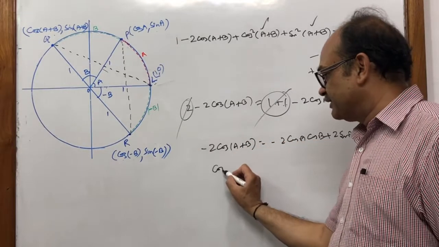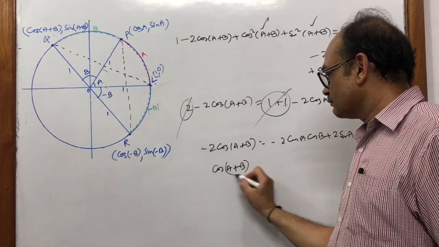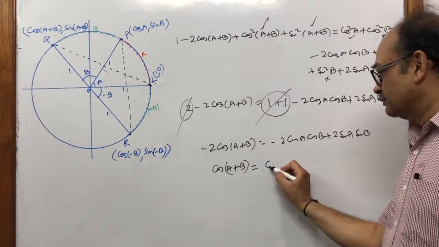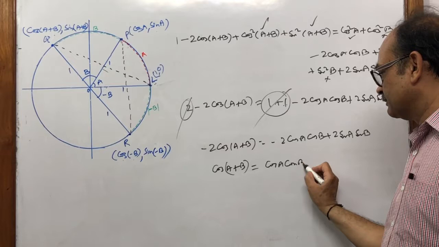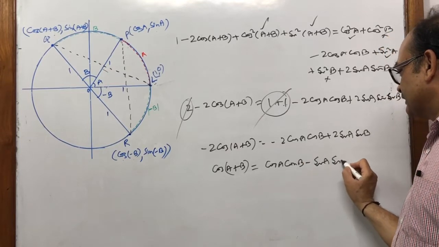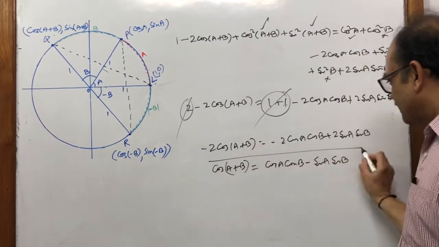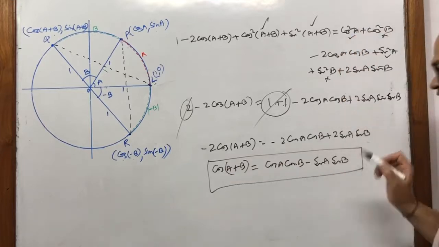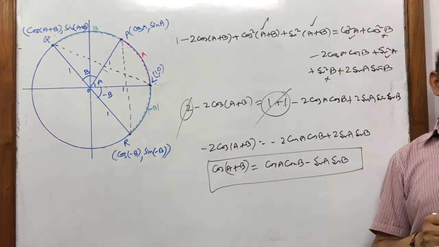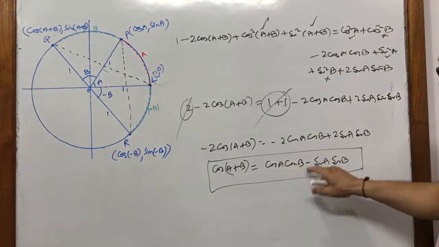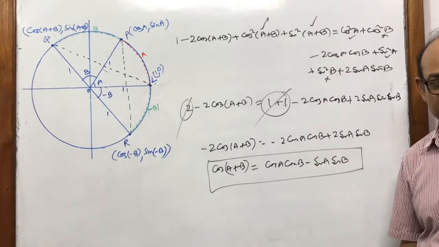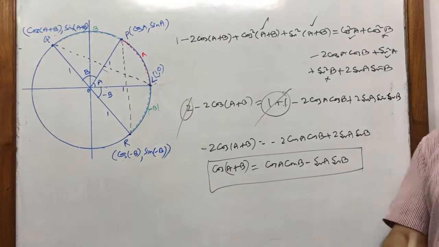So cos(A plus B) equals cos A cos B minus sin A sin B. The most important article of class 11th trigonometry: how we derive the formula of cos(A plus B) as cos A cos B minus sin A sin B. Very clear?